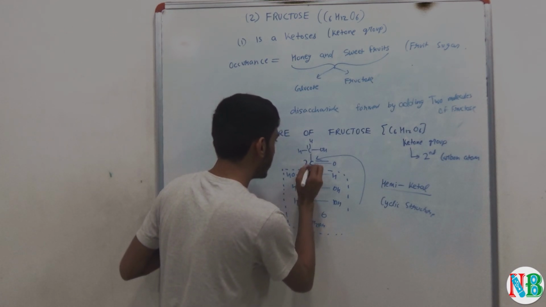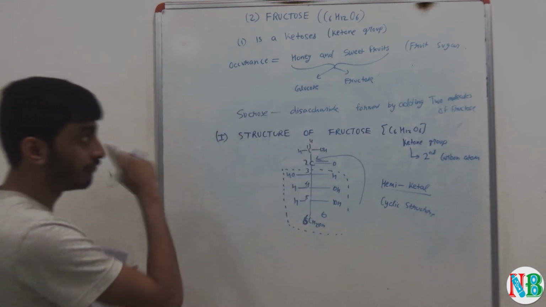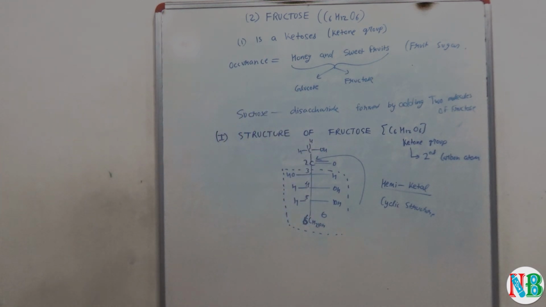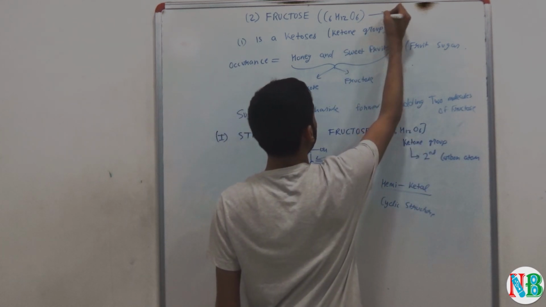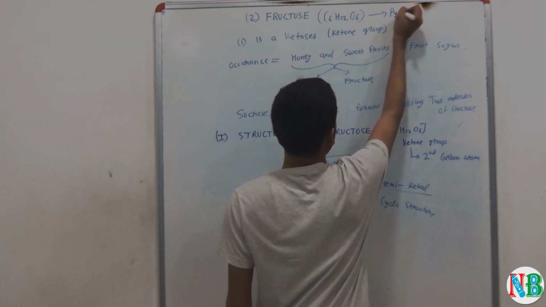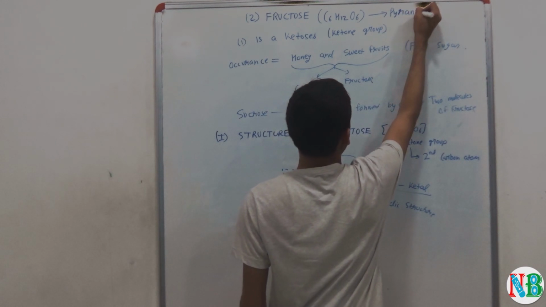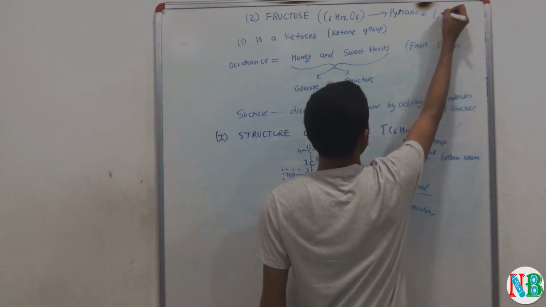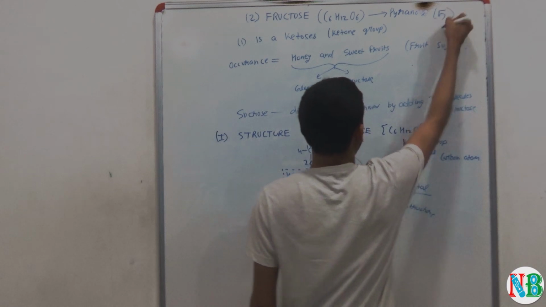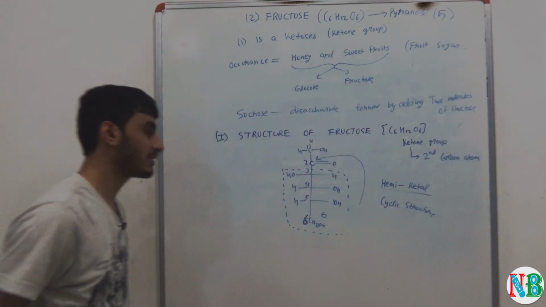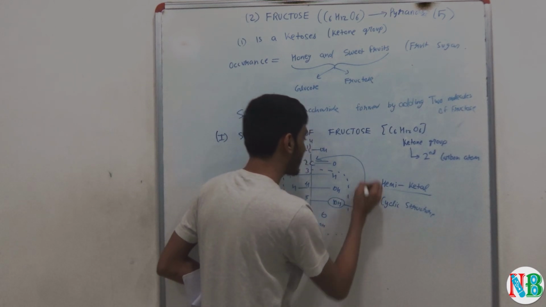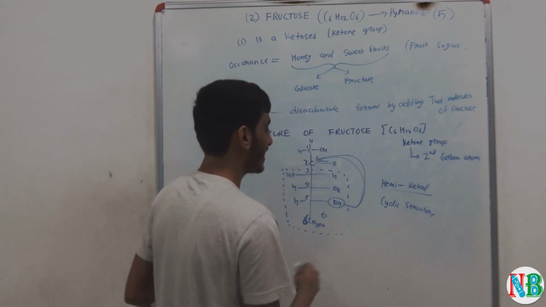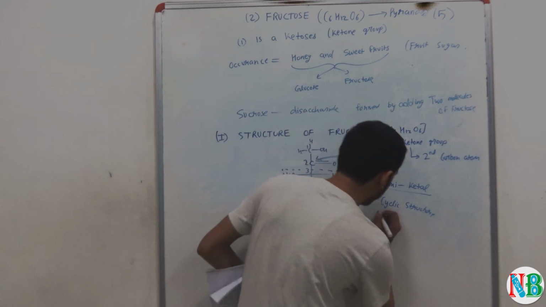This is the 3rd carbon. That's the 1st carbon. We had already said once that fructose is a pyranose, which means that it has a cyclic structure having 5 atoms. So the OH group on the 5th carbon atom reacts with this to form a cyclic structure having 5 atoms.